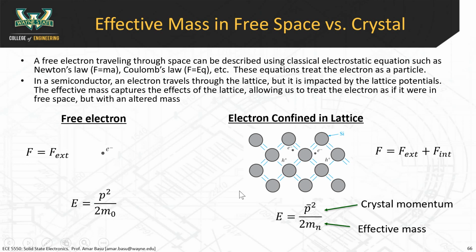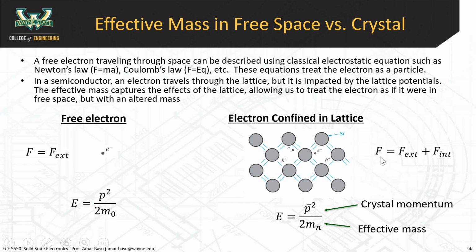So the effective mass of the electron, in this case, you still have this equation that holds, E equals p squared over 2mn, but this is kind of like a modified equation, if you will. I'll get to that in a second.